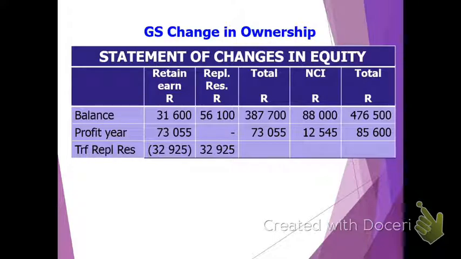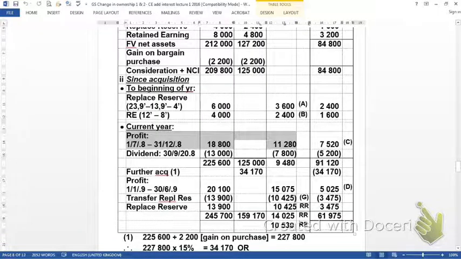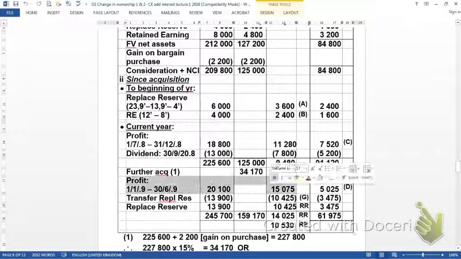Let me show you. You'll pick out from the analysis, as you can see there highlighted, the 11,280, which was the profit for the first 6 months. You'll also pick out the 15,075, which is the profit for the second 6 months. Those two together gives us the profit for the subsidiary allocated to the parent for the period.